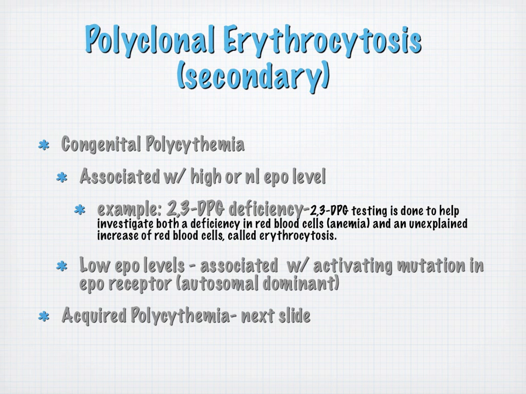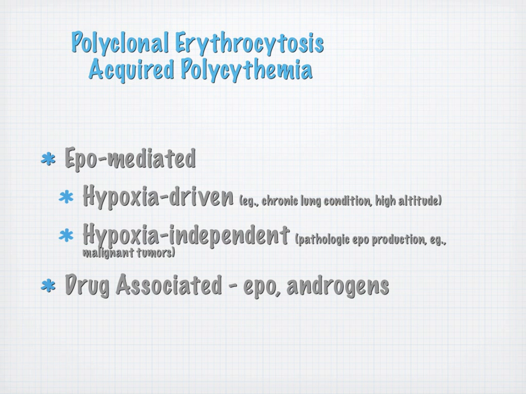Then we'll talk about what an acquired polycythemia is. An acquired polycythemia, when we're talking about secondary or polyclonal erythrocytosis, could be EPO mediated. So this could be, again, high altitude. Someone goes to high altitude, or they have a chronic lung condition. This would be an example of a hypoxia-driven acquired polycythemia.